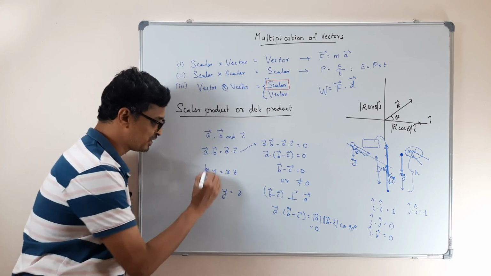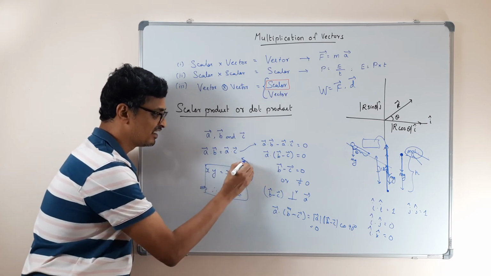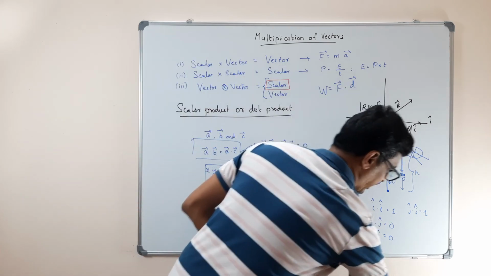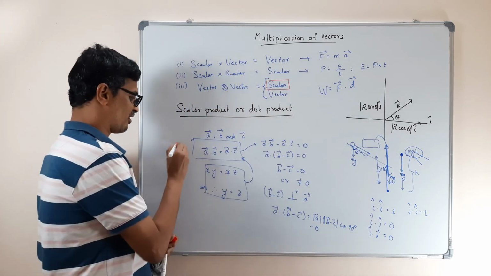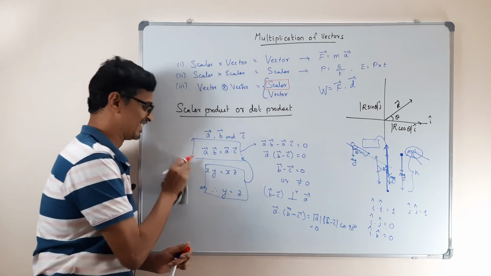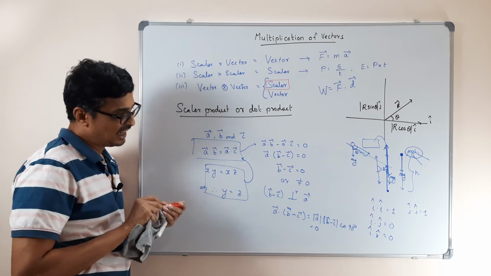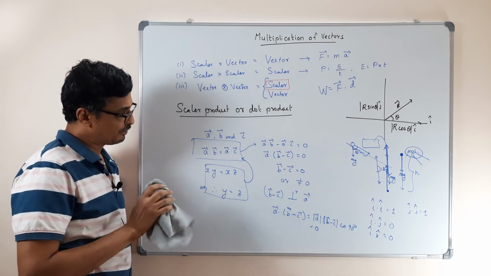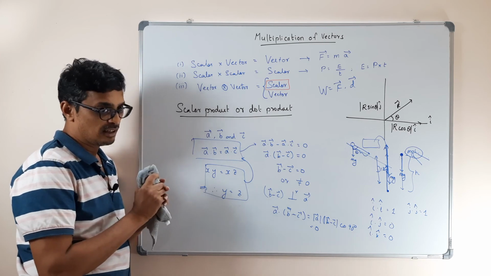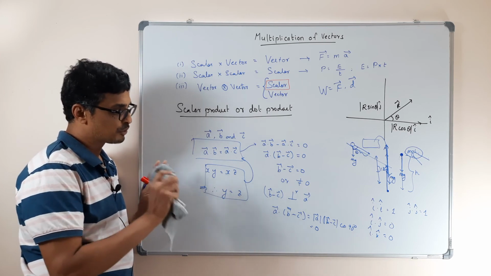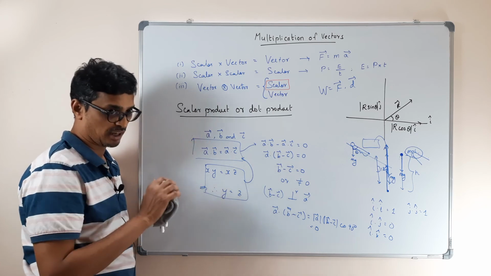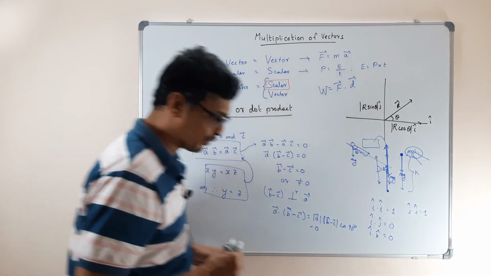If you do this here, you get it wrong, so you shouldn't do it. All along in your earlier classes, we never bothered about vectors. When we have vectors, you need to carefully bother about the direction, and what you mean by products, scalar products.